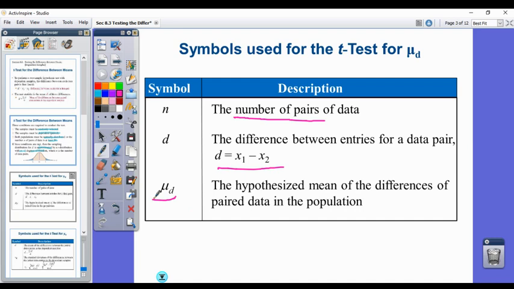Okay, so with this test, we are going to be checking to see if our differences are not equal, or sometimes they could be less than or greater than. Okay, so there is a difference, and we'll go through a few examples where I showcase that.